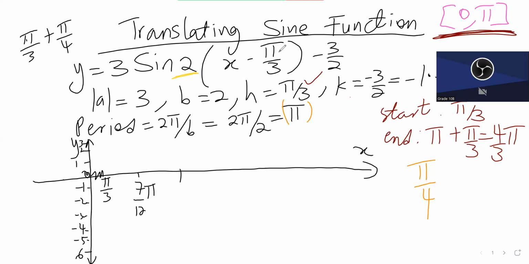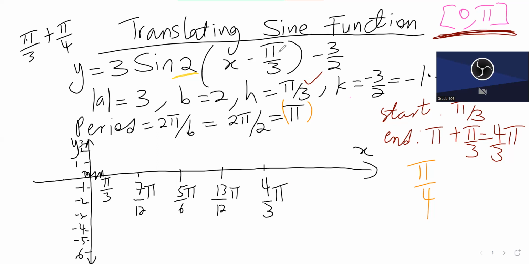Then add pi over 4 to 7 over 12 pi, and you get 5 over 6 pi. Then add pi over 4 to 5 over 6 pi, and you should get 13 over 12 pi. Then add for the 4th time and get your endpoint.